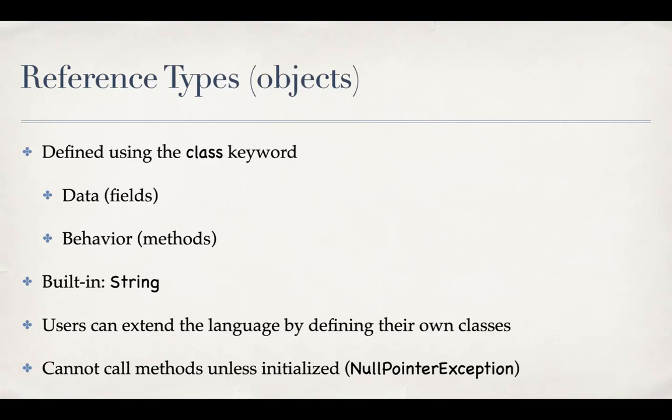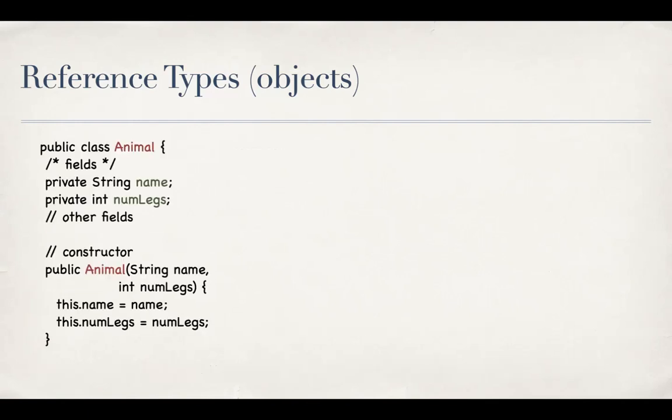One popular example of built-in reference types is string. Like many other languages, it's a character string you can use for creating words or sentences, and names and such things.